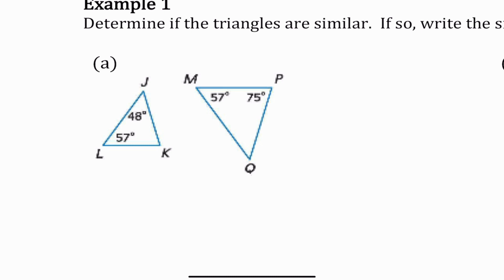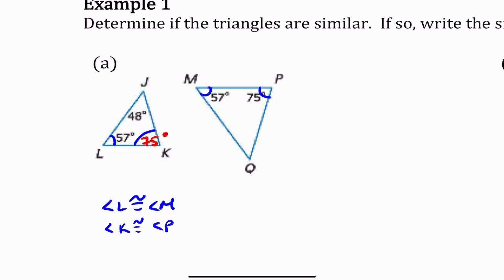So note that angle L is congruent to angle N. And then if I were to figure out this missing angle, well, that should give me 75, because the sum of the interior angles of a triangle is 180. So that's great. Here, I'm going to use a different color so I don't confuse you. 75 degrees.